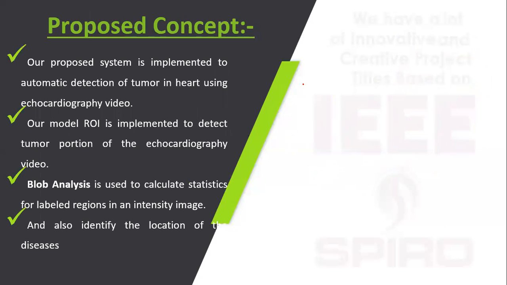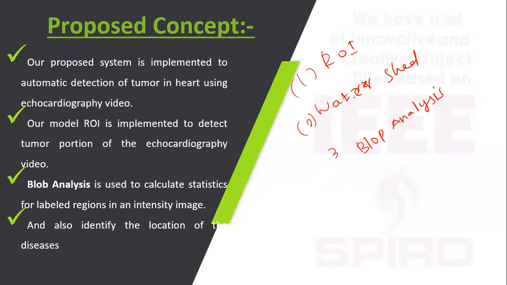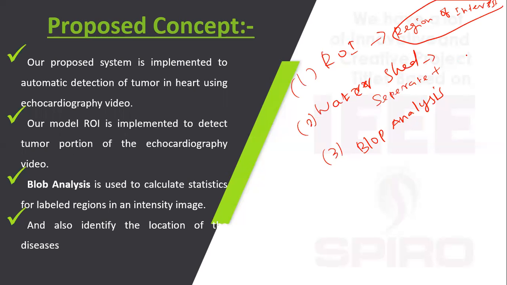In the proposed concept, I used the model ROI, watershed, and blob analysis. In ROI, region of interest, we detect the tumor part from the image, and watershed segmentation separates the tumors from other parts.